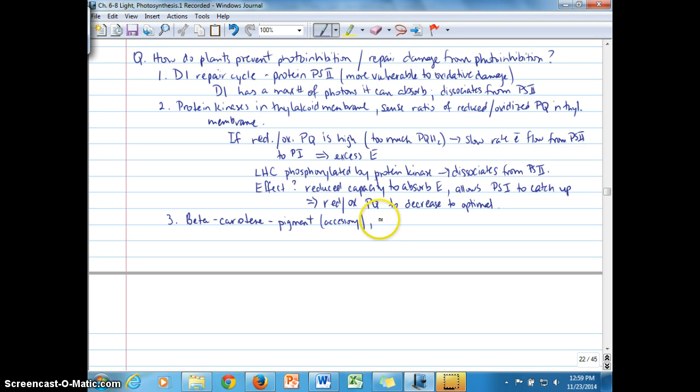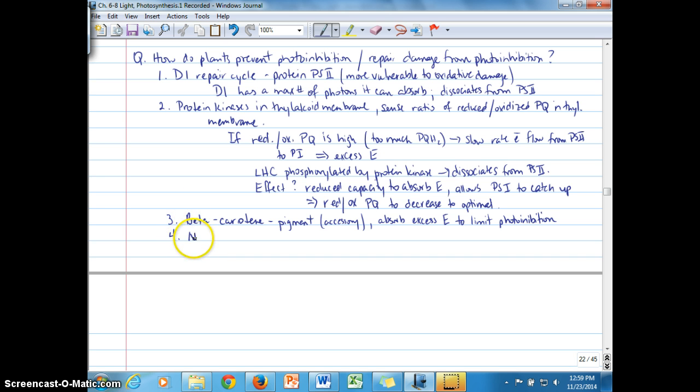But it also has this added feature where it can absorb excess energy to limit the risk of oxidative damage that will result in photoinhibition. We're just pretty brief in that explanation there.